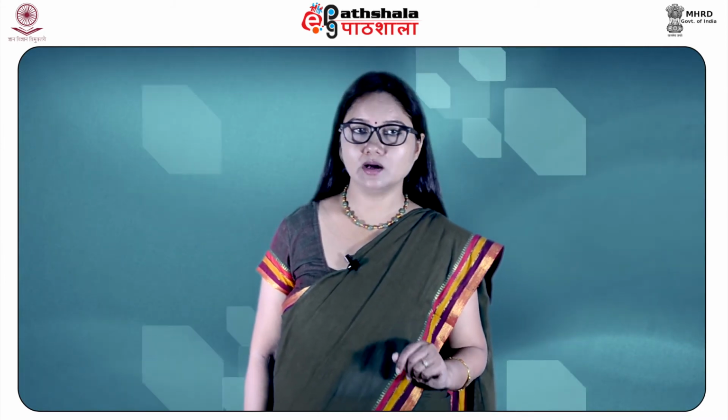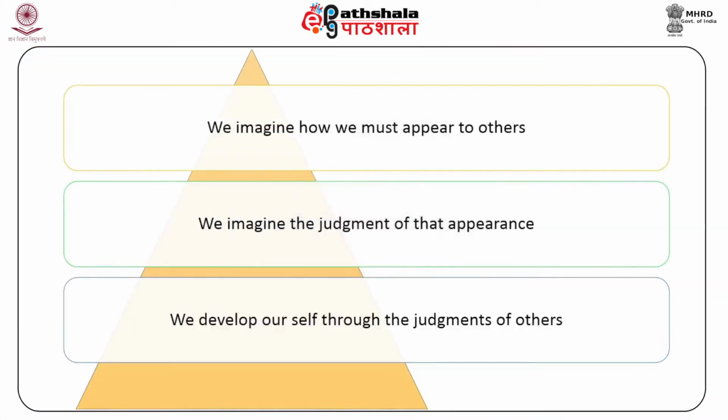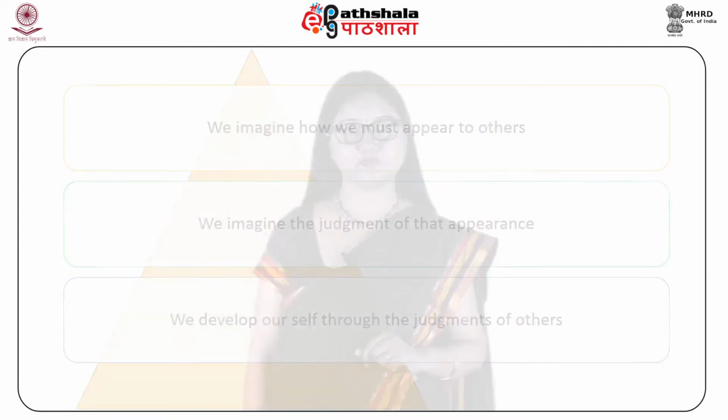In 1902, Charles Horton Cooley developed the social psychological concept of the looking glass self. The term was first used in his work, Human Nature and the Social Order. There are three main components of the looking glass self. We imagine how we must appear to others. We imagine the judgment of that appearance, and we develop ourselves through the judgments of others.